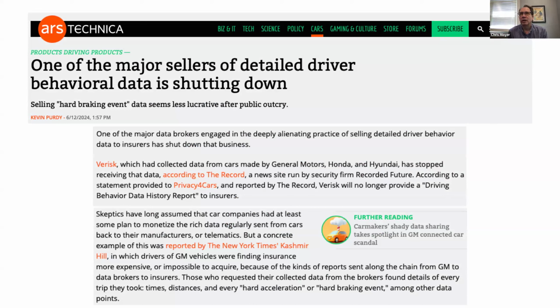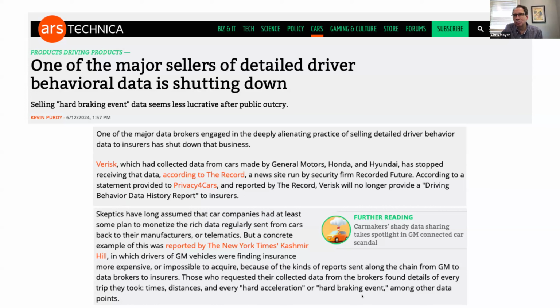And so one of the major data brokers, a company called Verisk, which you can see right here, they've been taking data from GM, Honda, and Hyundai and turning that into a driving behavior report that had hard acceleration events or hard braking events and giving it to insurers.